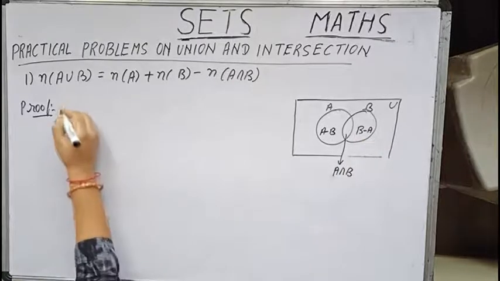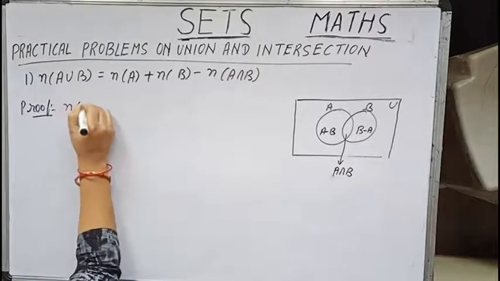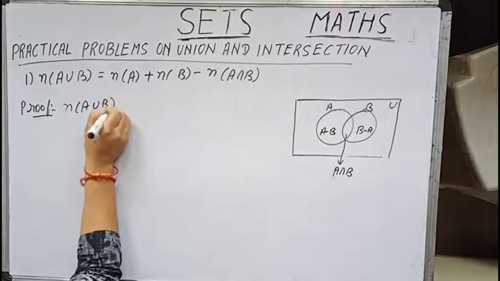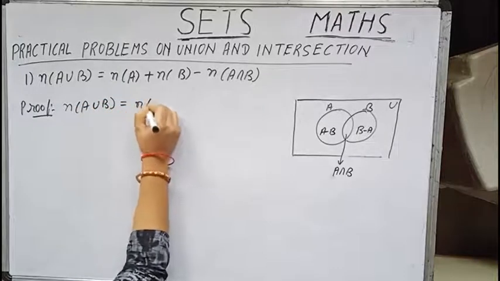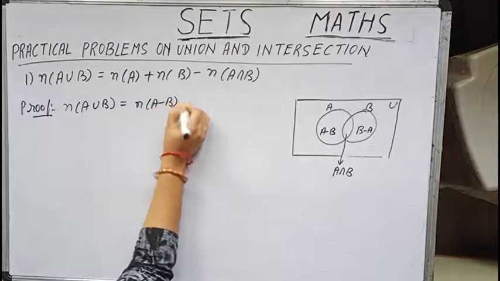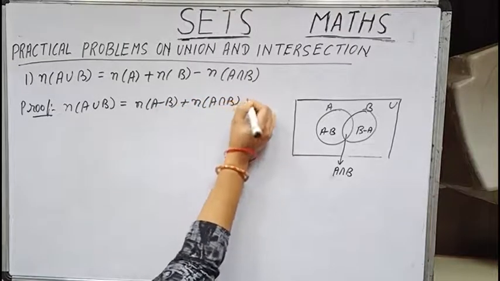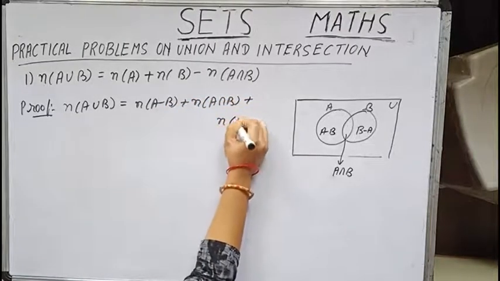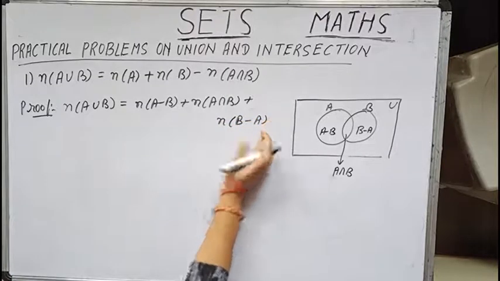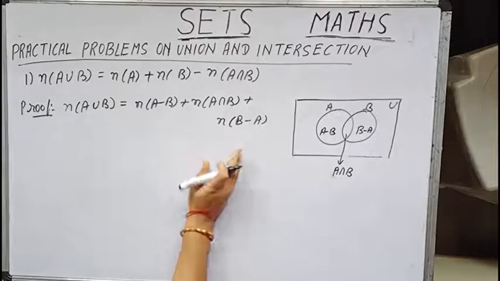So we can write n of A union B equals to n of A minus B plus n of A intersection B plus n of B minus A. I think this line is clear to all.